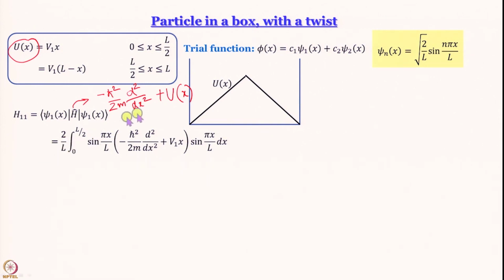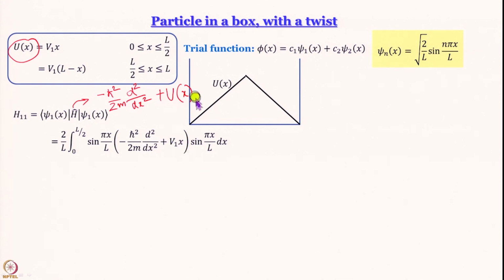2 by L, where does 2 by L come from? Well, psi 1 psi 2, remember psi, well in this case both are psi 1. So, root 2 by L root 2 by L. So, I will take root 2 by L outside, then integral between limits 0 to L by 2 sin pi x by L multiplying the Hamiltonian that we have written here.